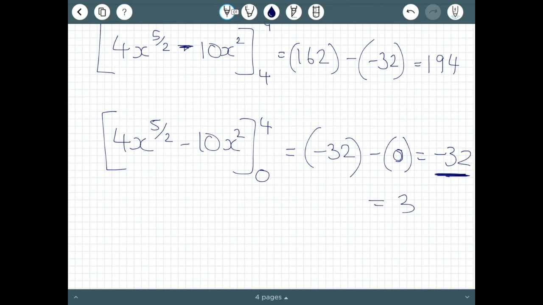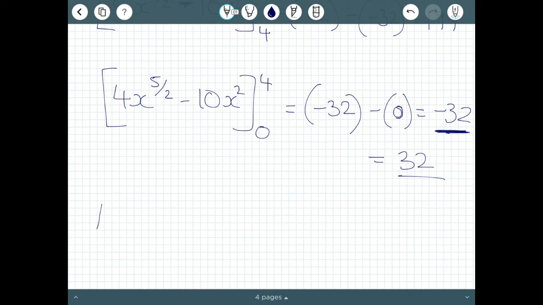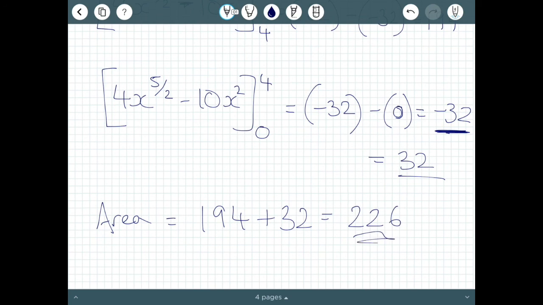Your actual area for this one is going to be 32. So putting that together, the area in total will be 194 plus 32, which you can use your calculator for if you want to. You'll end up with the answer of 226. And that is how you end up with all 9 marks of this question.